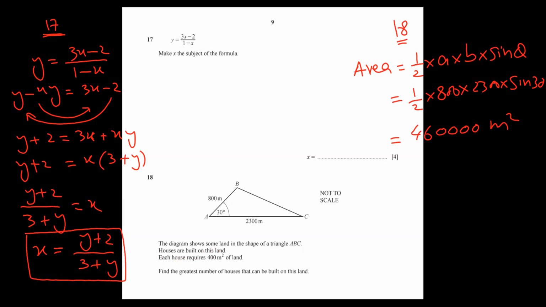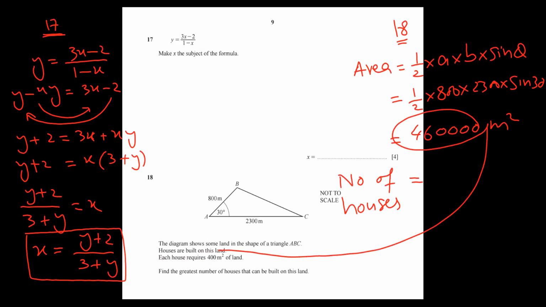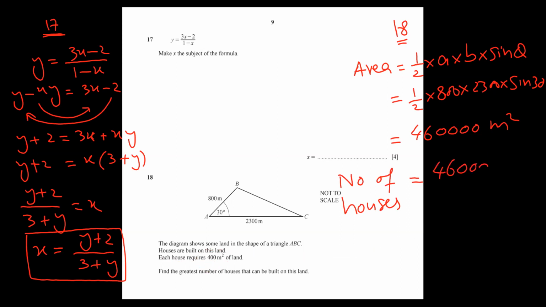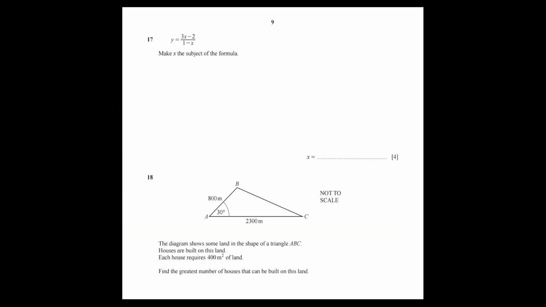So I want to know the number of houses: area of the whole divided by area of one house, divided by 400. These two zeros cancel out, and I get the answer 1150. So the number of houses is 1150. So this question is also over. Let's talk about the next question.